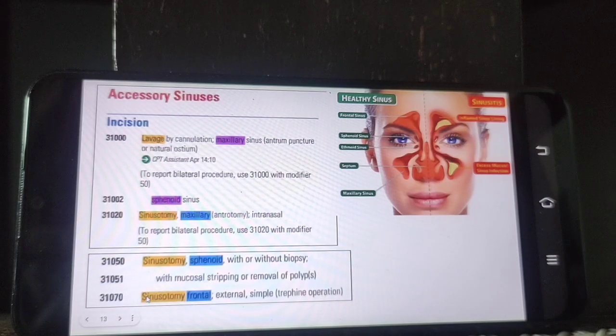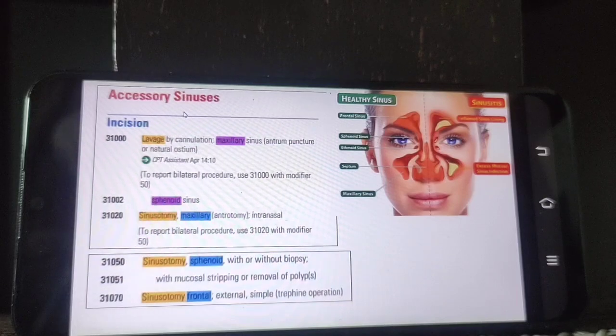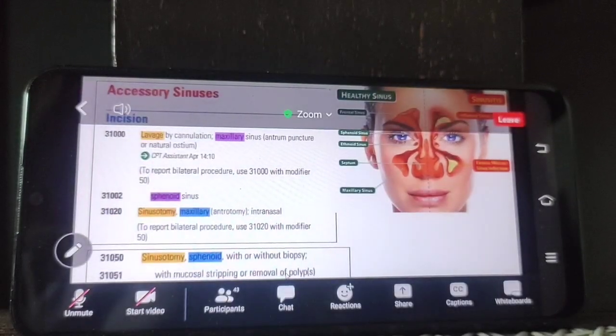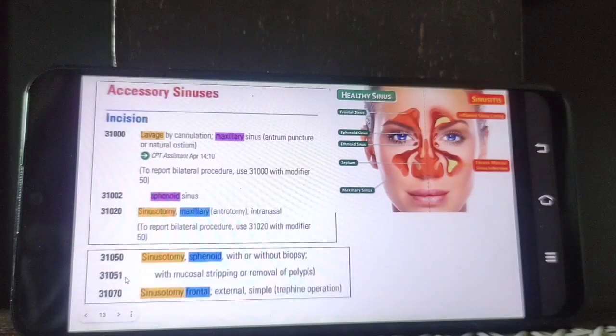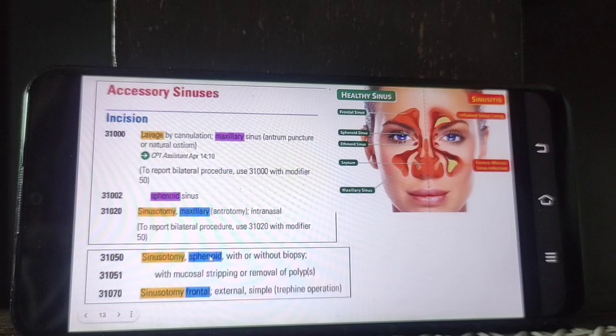If the surgeon also removes the polyps, go for 51. So sphenoid sinusotomy along with removal of polyps means go for 31051.